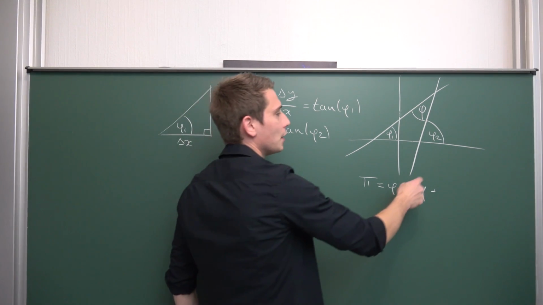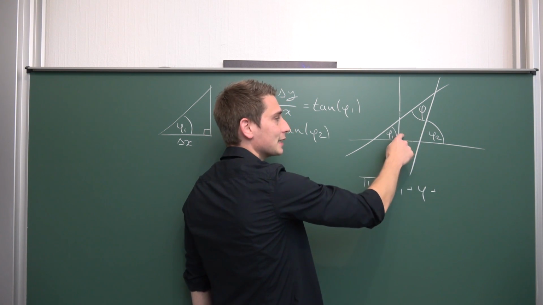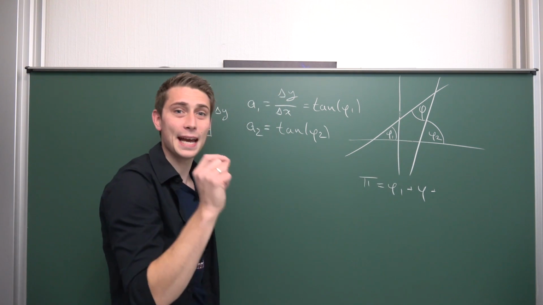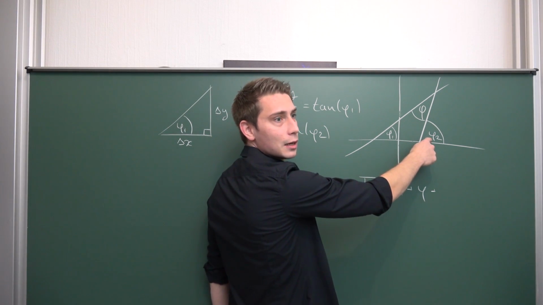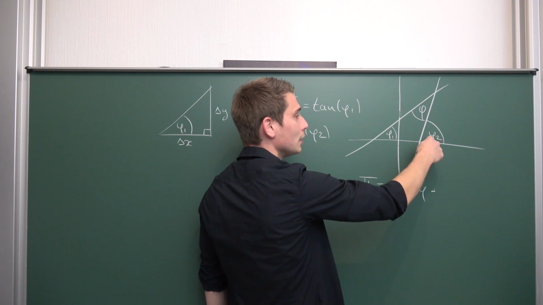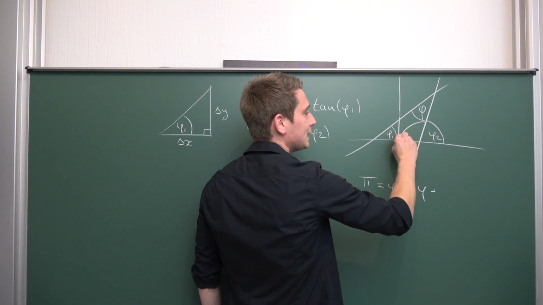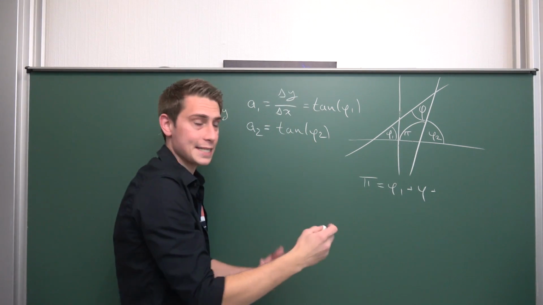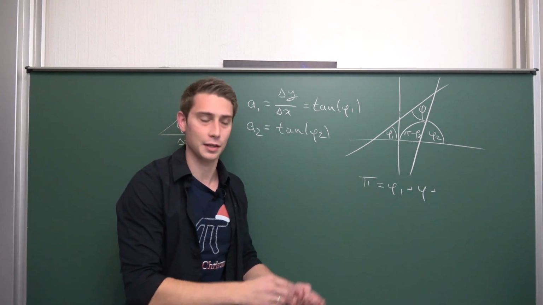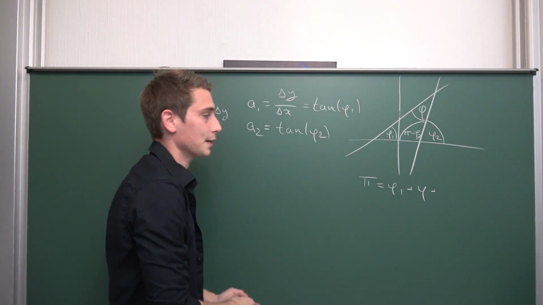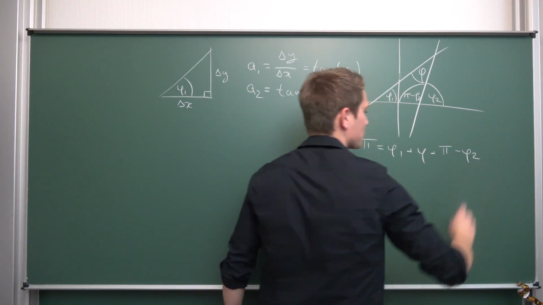Meaning overall, if, for example, this angle right here is 100 degrees, then this angle in here obviously must be 80 degrees, because 180 degrees in total minus the 100 degrees that I talked about before is going to give us 80 degrees overall. Meaning this angle that we are having in here is always pi, so the 180 degrees, minus phi 2. Okay, it's kind of obvious if you think about the angle being enclosed by a straight line. Meaning the last angle that we are going to add to it is nothing but pi minus phi 2.